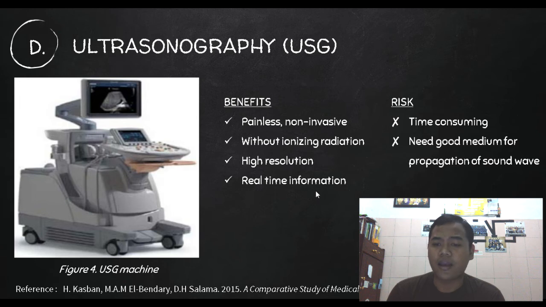It has high resolution, and the resulting image is real-time information. But USG has risks. It is time consuming, and since this device uses sound waves, we need a good medium for propagation of sound waves. If there's an empty medium like lung, it will lose contact or signal.